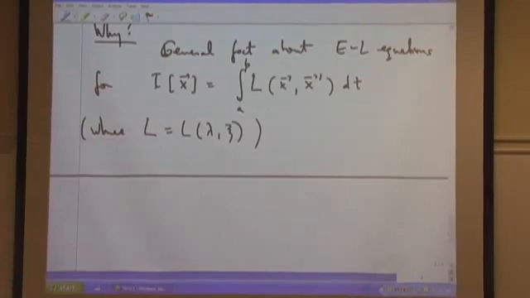What can you do about this? Well, let's just rewrite the Euler-Lagrange equations.